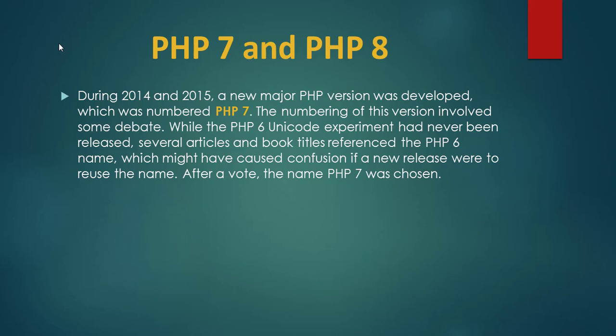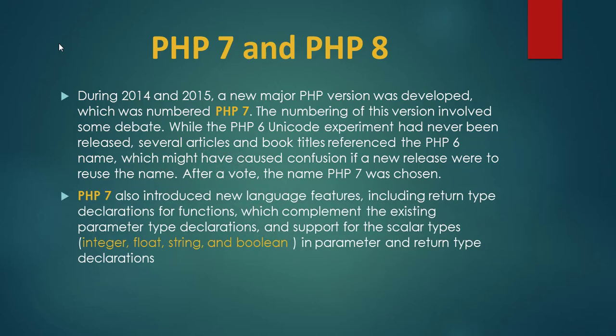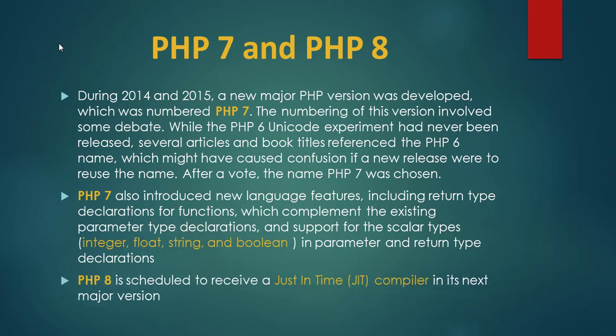After a vote, the name PHP 7 was chosen. PHP 7 also introduced new language features including return type declarations for functions, which complement the existing parameter type declarations, and support for the scalar types integer, float, string, and boolean in parameter and return type declarations. PHP 8 is scheduled to receive a just-in-time (JIT) compiler in the next major version.